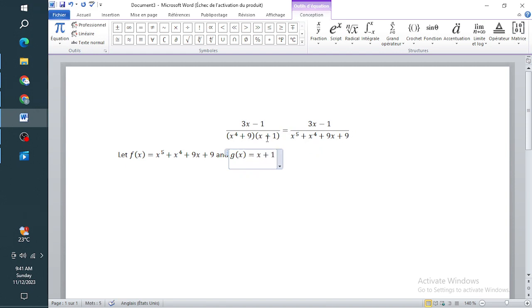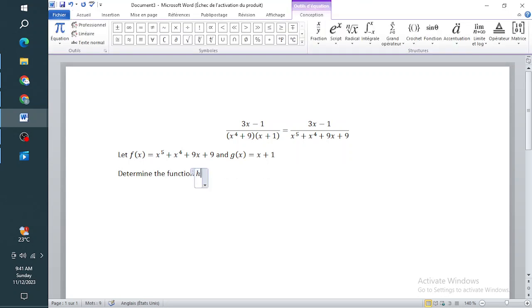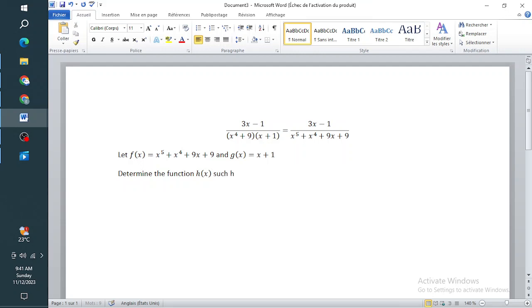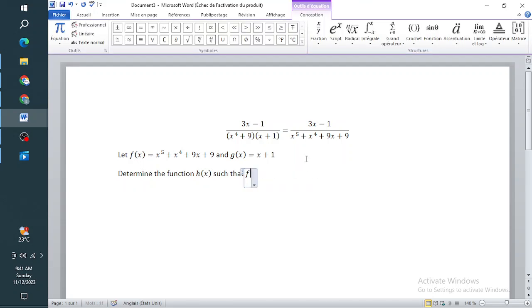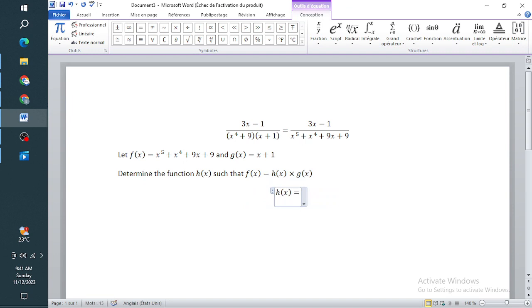Then I'll say, determine the function h of x such that f of x is equal to h of x times g of x. You clearly see that h of x is just equal to f of x divided by g of x, which you can now do by long division.